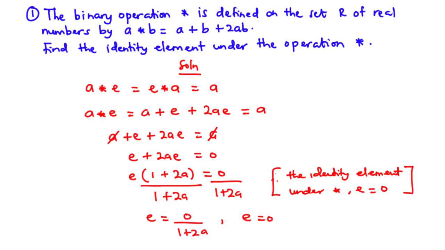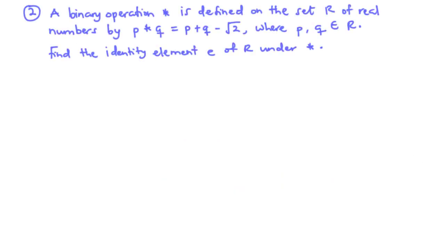Now let's solve the second question. For the second question, a binary operation star is defined on the set R of real numbers by p star k equals p plus k minus root 2, where p and k are all members of R. Now we are going to find the identity element E of R under the operation star.